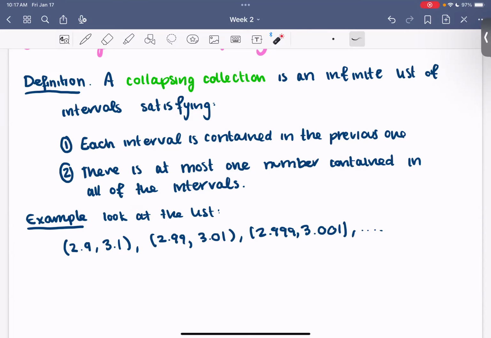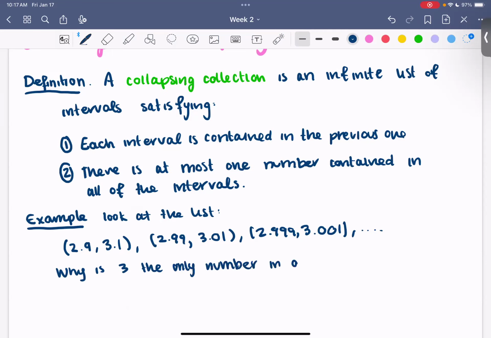So is there another number that's in every interval? No. Maybe it's harder to argue why this should be true. So let's take a moment to say why 3 is the only number in all the intervals.